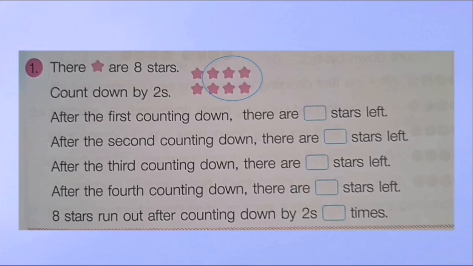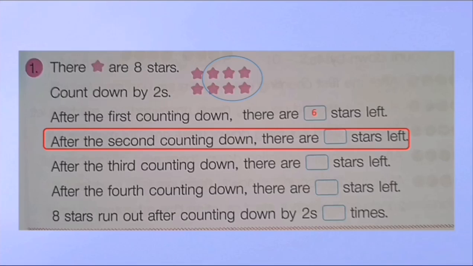There are 6. So meaning there are 6 stars left. Let's read the whole sentence together. After the first counting down, there are 6 stars left. Please copy the answer in your book. Now let's go to the next example.